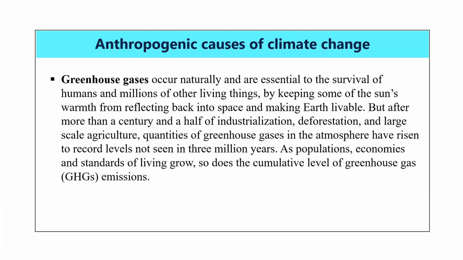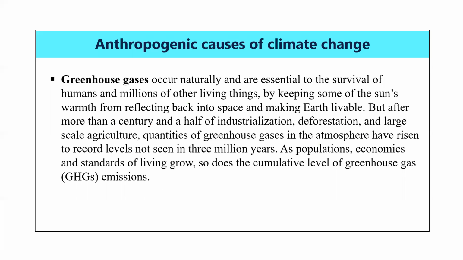Greenhouse gases occur naturally and are essential to the survival of humans and millions of other living things by keeping some of the sun's warmth from reflecting back into space, making Earth livable. But after more than a century and a half of industrialization, deforestation, and large-scale agriculture, quantities of greenhouse gases in the atmosphere have risen to record levels not seen in 3 million years.